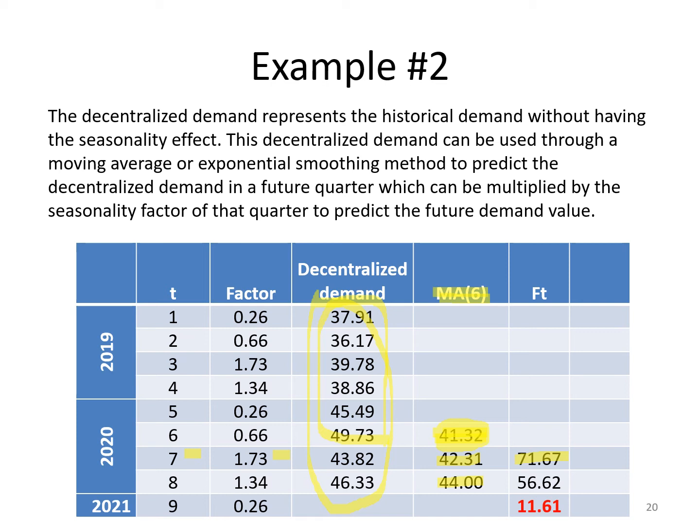Similarly, the forecast for period 8 can be calculated, and then for period 9. And of course, when I calculate the forecast for period 9, I use the seasonality factor 0.26, which is basically the seasonality factor of the first period in the season. So this is how we develop our forecasting based on the moving average technique with seasonality factors.